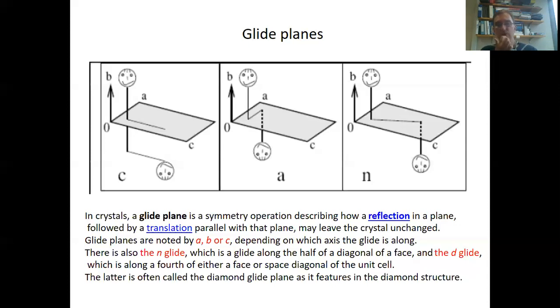The name D-glide plane is derived from diamond, because diamond contains a D-glide plane, but of course the diamond structure is not the only structure that can contain a D-glide plane. So here's just an example to illustrate this.